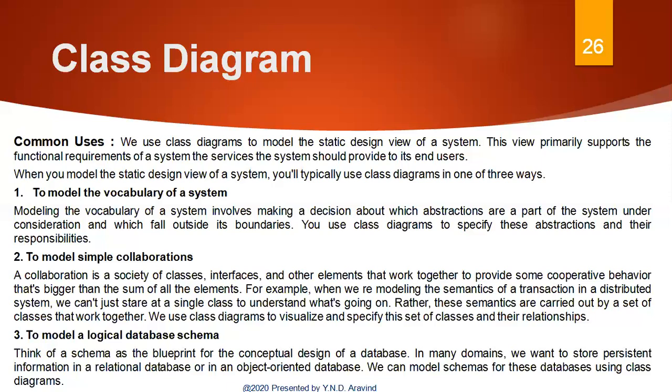For example, when we are modeling the semantics of a transaction in a distributed system, we cannot just stare at a single class to understand what is going on. Rather, these semantics are carried out by a set of classes which work together. So we use class diagrams to visualize and specify this set of classes and their responsibilities.